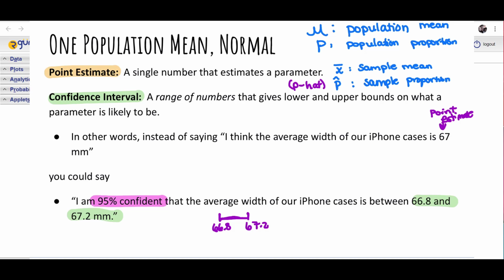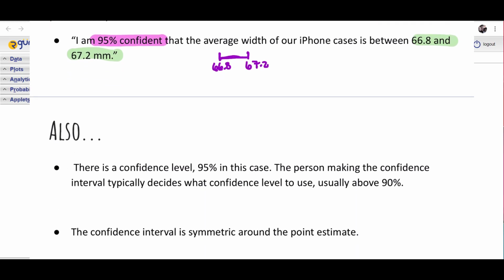So you can see that a confidence level of 60% is probably not the best to go with. Typically, we see confidence intervals that are 90% and higher. We're going to talk more about the confidence level later.